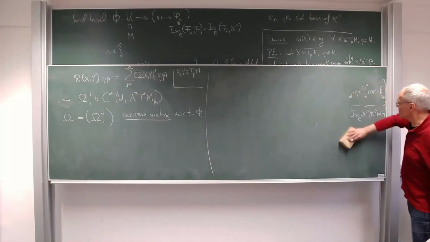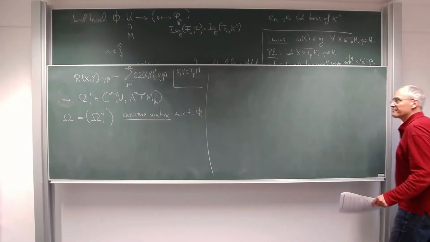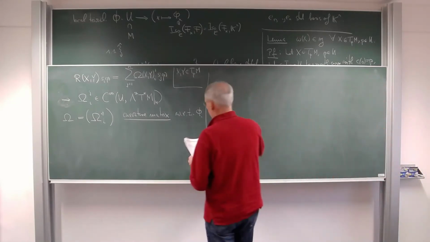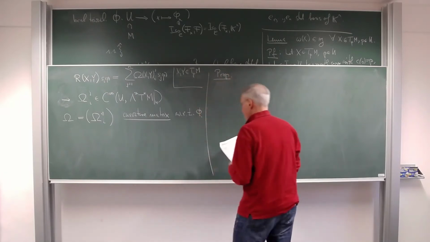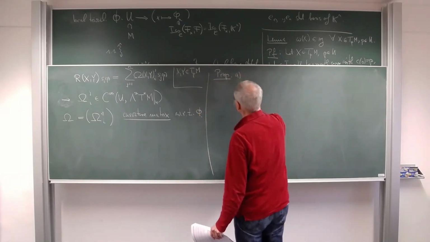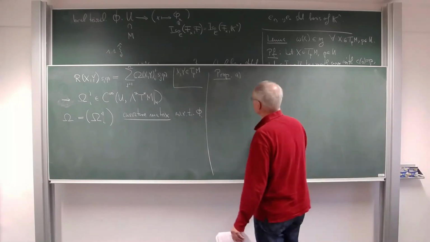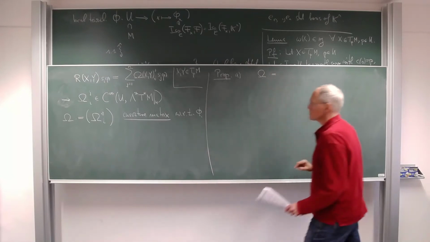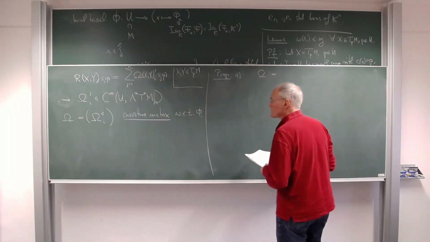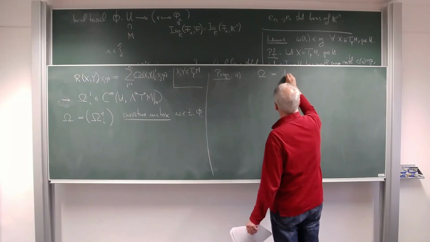Structure equation, proposition. There are two statements. Let me first just concentrate on the structure equation, which is that Omega can be computed out of the connection matrix by this formula.